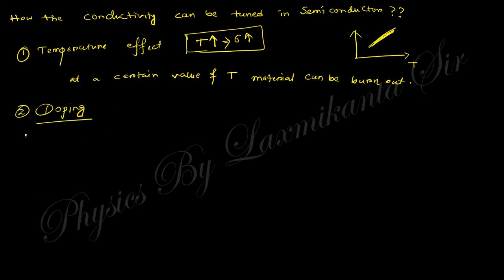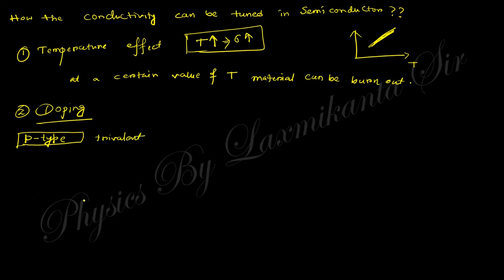So the first one is the p type. If you want to make the p-type semiconductor, you need to dope a trivalent material into the 4 valency material. So suppose this is a silicon matrix. Here you need a trivalent material.